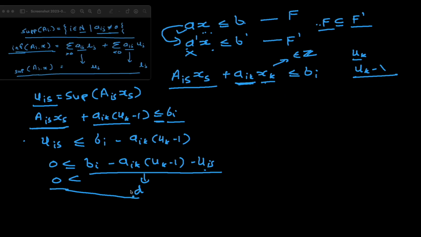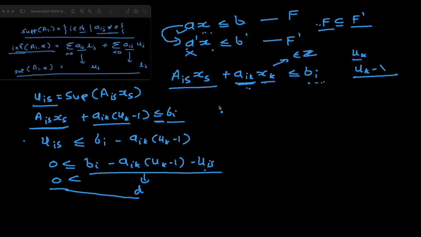By how much is it satisfied? By this D value, right? So we have this D portion extra that is helping us with this bound. So using this information, we want to find another coefficient for xk which is better than this one, and correspondingly we'll modify the right hand side as well, right?